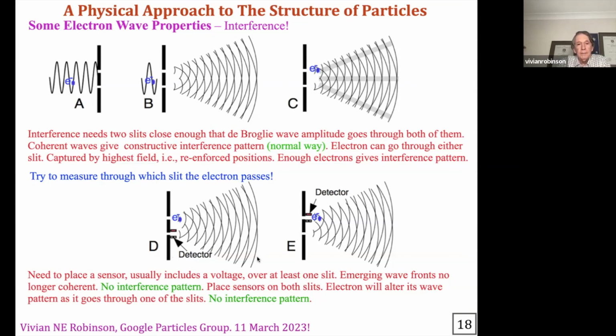You won't get an interference pattern. If you put voltages on both of them that are exactly the same, the waves may be the same, but by the time the electron goes through one of them, it will disturb the waves through the one through which it passes. So again, you won't get an interference pattern.